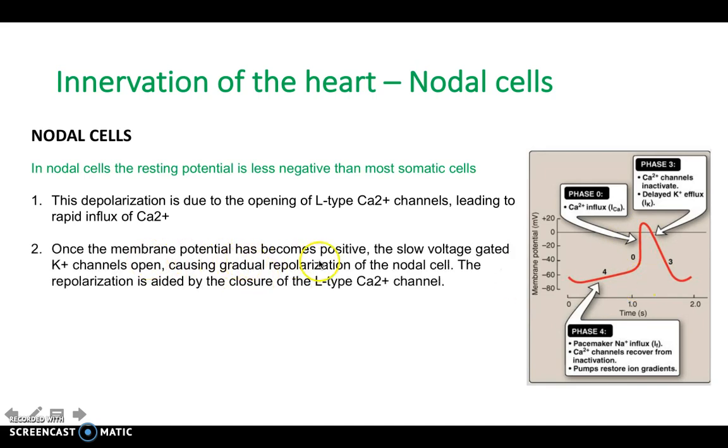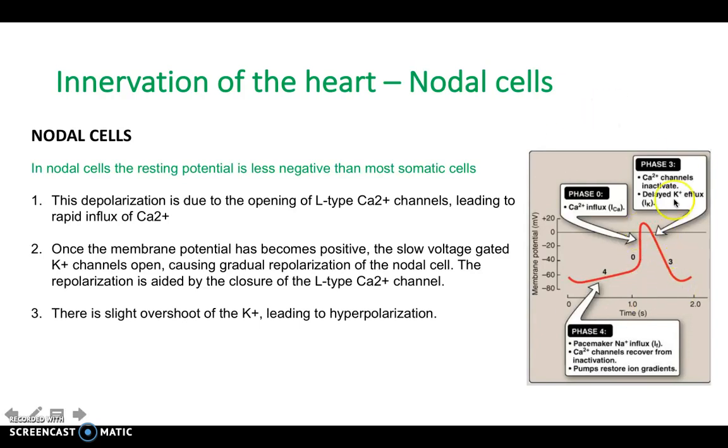Once the membrane potential has become positive, the slow voltage-gated potassium channels then open, causing gradual repolarization of the nodal cell, and this repolarization is aided by the closure of these calcium channels. So it's almost like a multi-system function in order to allow repolarization, in the respect you've got calcium channels closing as well as potassium channels opening.